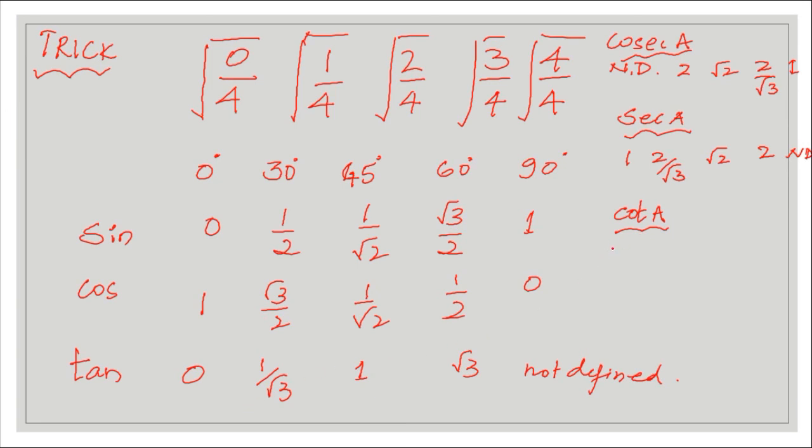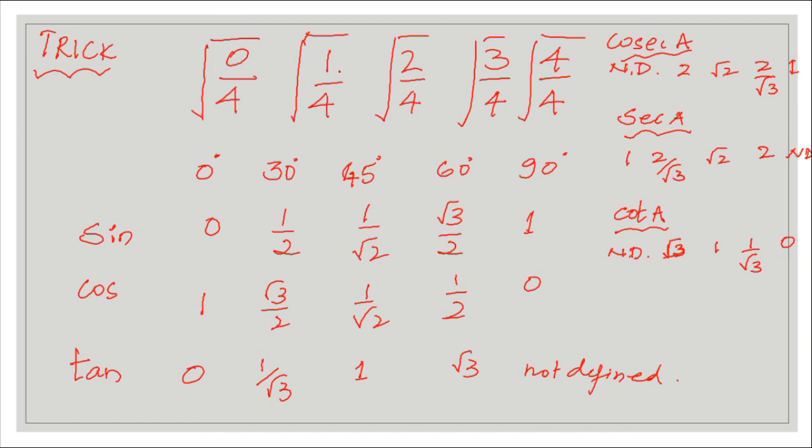So 1 by 0 is not defined. This will be 1 upon 1 by root 3 becomes only root 3. 1 by root 3, this becomes 0. This cot of 90 degree will be 0 by 1. 0 by 1 is absolutely defined. It is taken as 0.